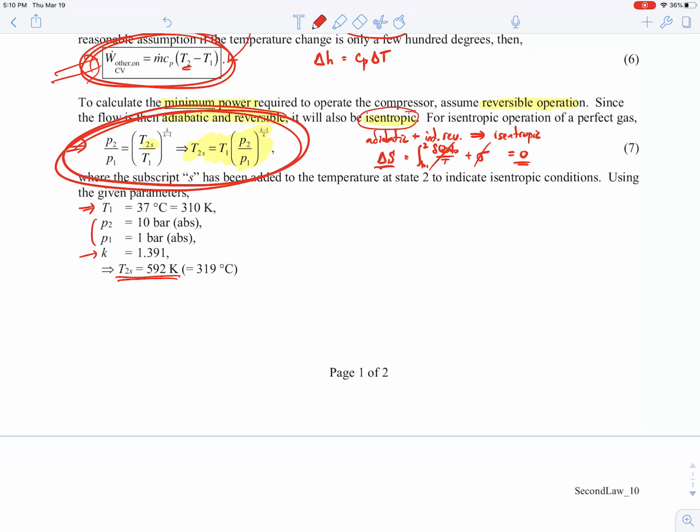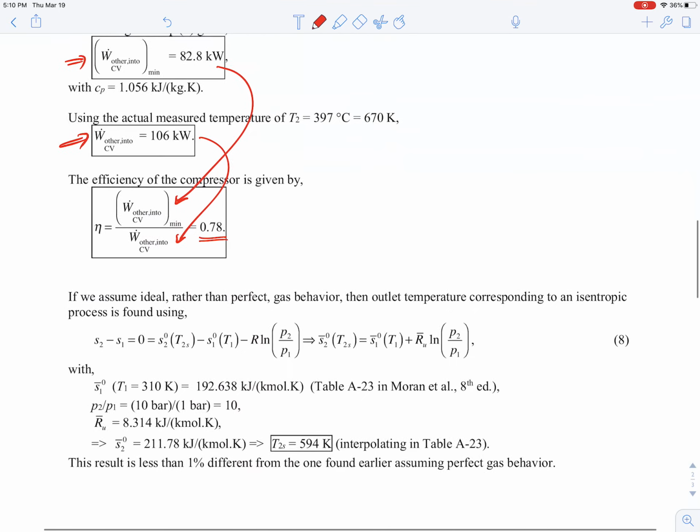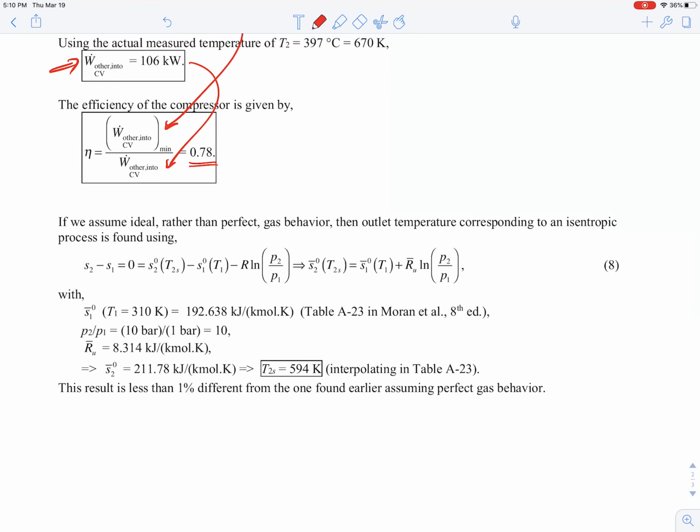So now what I want to do is consider an ideal gas where the specific heat can vary. So an isentropic process for an ideal gas, where the CP varies with temperature.